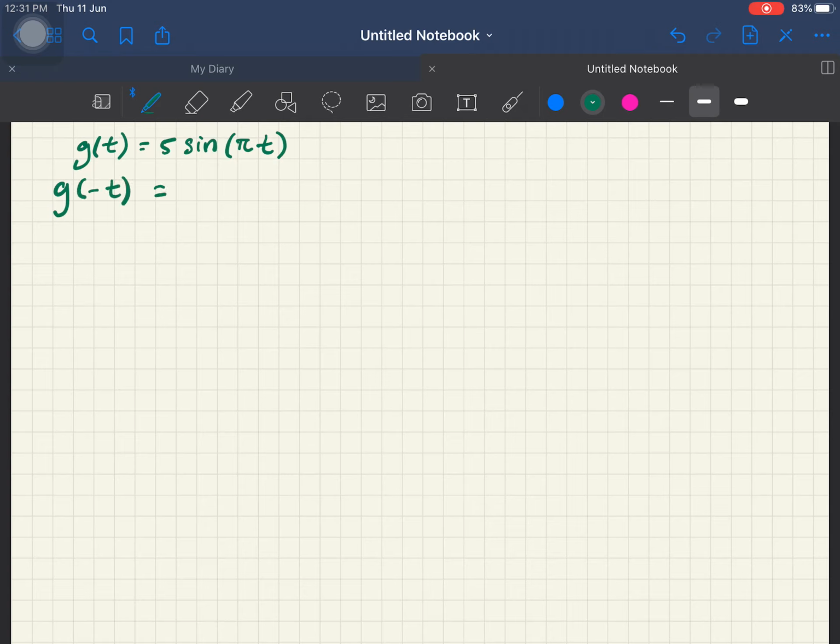If you have g of minus t, that is 5 sine of minus pi t. Here it is best to look at the basic form of a sine wave. For a sine wave, the signal looks like this.